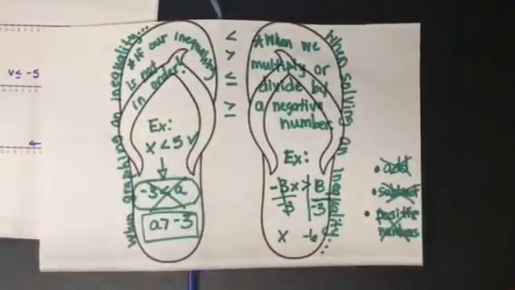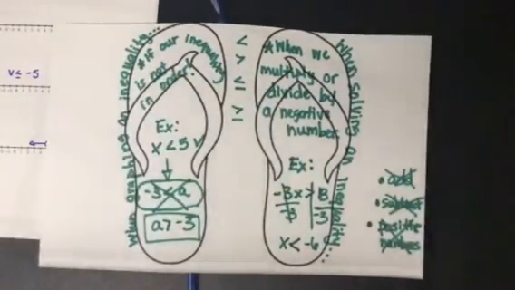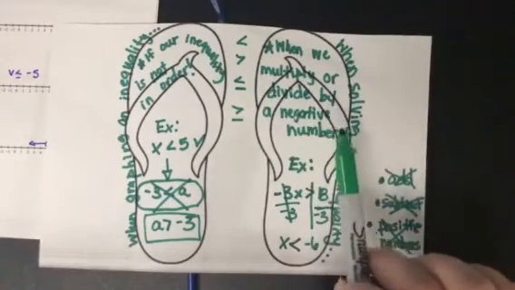The only thing that changes is I'm going to flip-flop my inequality symbol. So where it was a greater than, it's now going to be a less than. Okay? But we only do that when we're multiplying or dividing by a negative number.